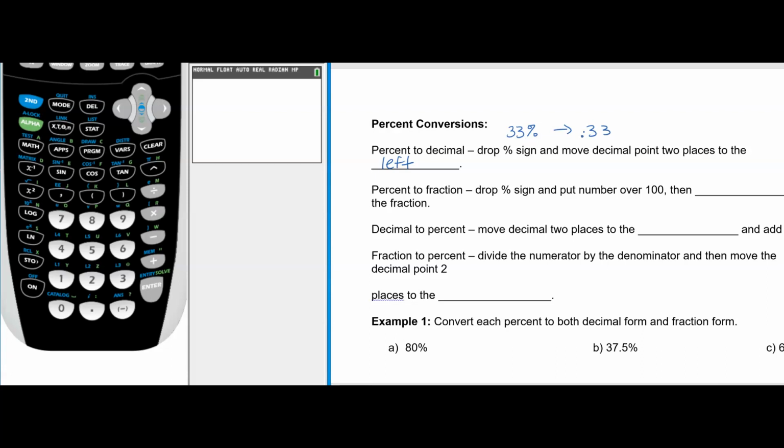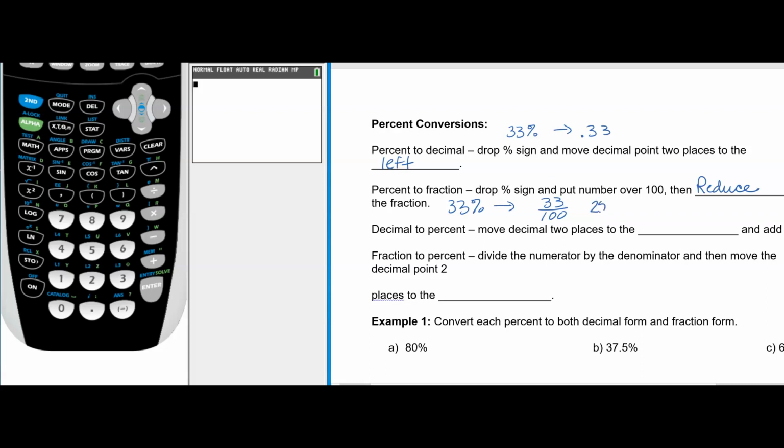Okay, next, if we want to go from percent to fraction, I'm going to use that same example again. So let's say I've got 33%. You're going to drop the percent sign, so write 33 without the percent sign, and you're going to put it over 100. Then you're going to reduce the fraction. Now in this case, 33 over 100 can't be reduced, but let me give you another example.